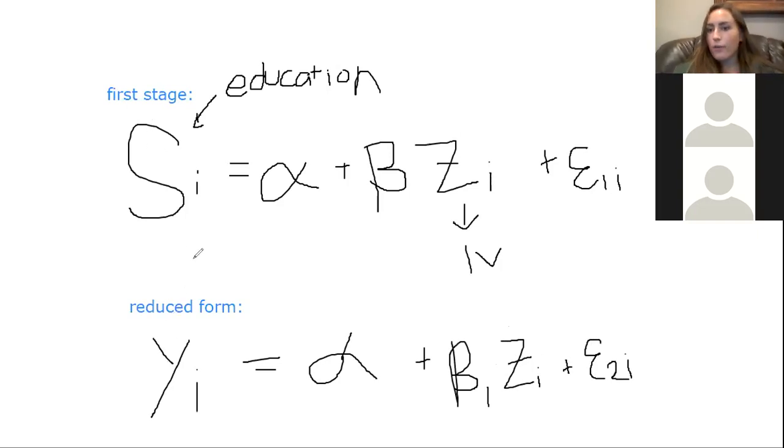You can see how our two variables of interest, education and wage, are always on the left-hand side. They're always a dependent variable here, right? And they're always a function of our instrument.